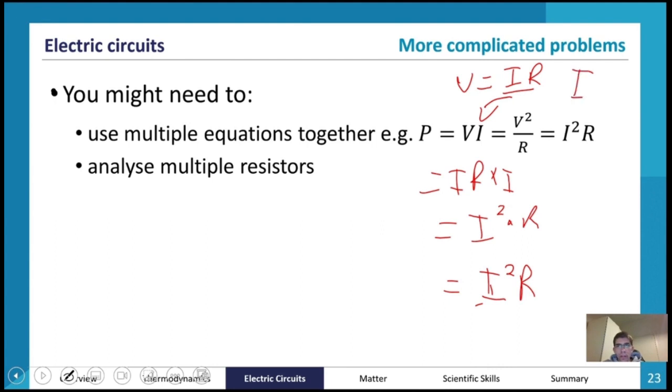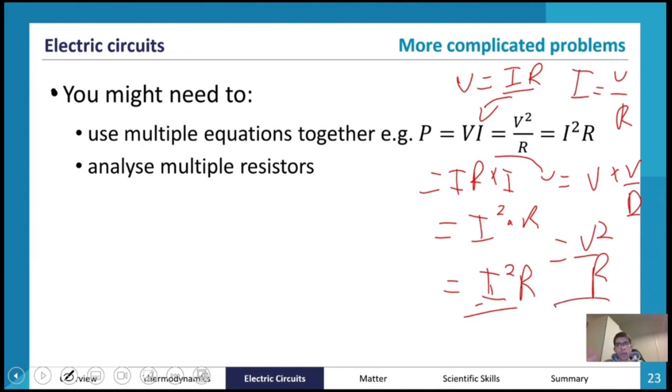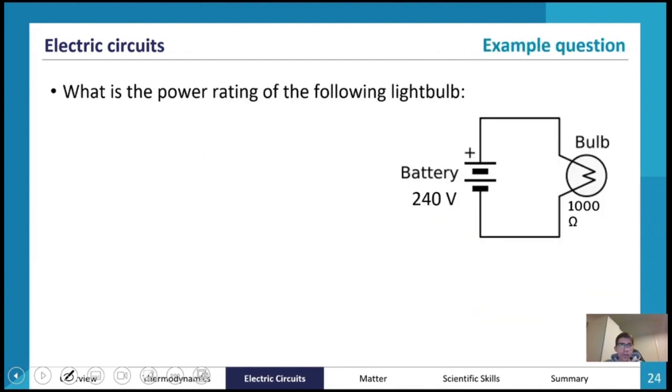You can say current is equal to V divided by R, so therefore P is V multiplied by V divided by R, which is equal to V squared divided by R. Right, so those are two other derivations.